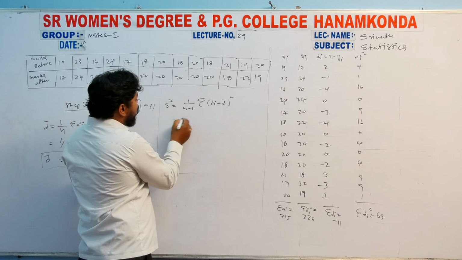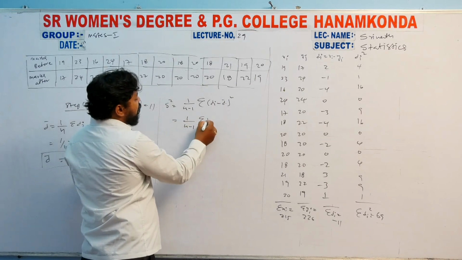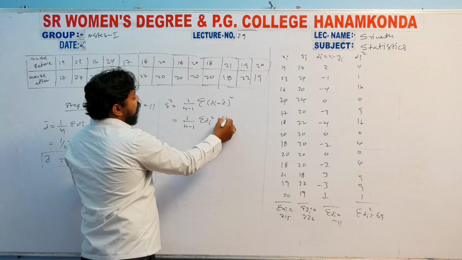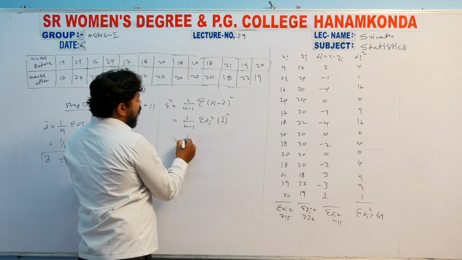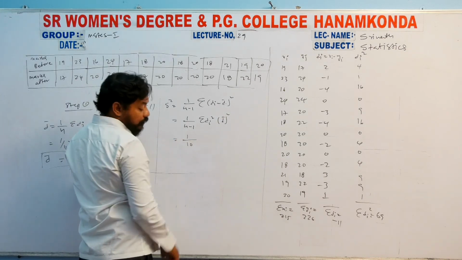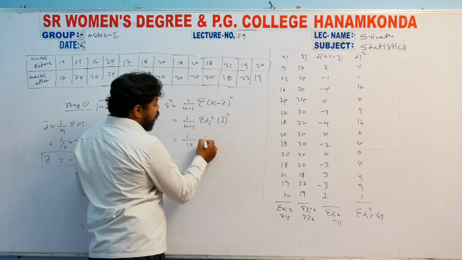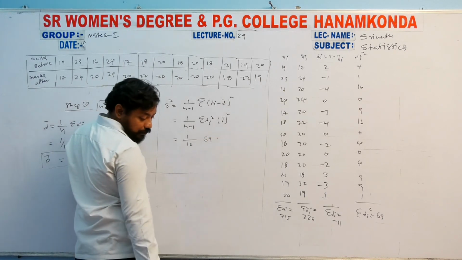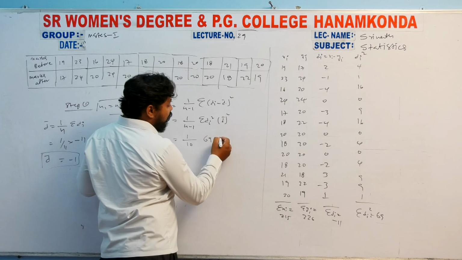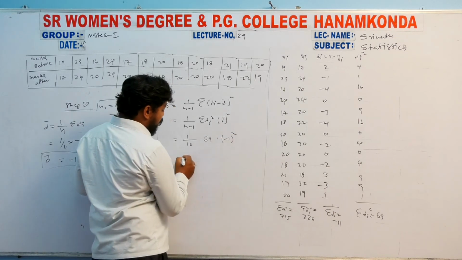Again we can write 1 by n minus 1 summation di square minus d bar whole square, and 1 by 10 into 69, into d bar is minus 1 whole square.